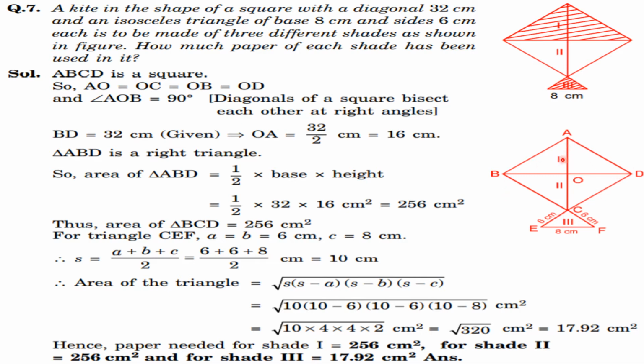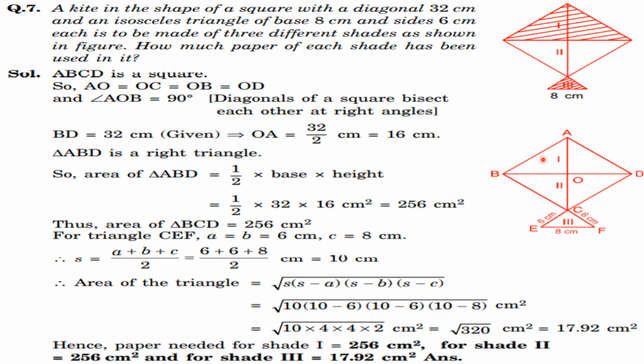A rough diagram we have drawn. ABCD is a square. Then ABD is the upper triangle, and BCD is the lower triangle, the second triangle. Okay, my children. And this triangle CEF, a small triangle, 6 centimeters here, 6 centimeters here, 8 centimeters here. Understood this diagram, my children?